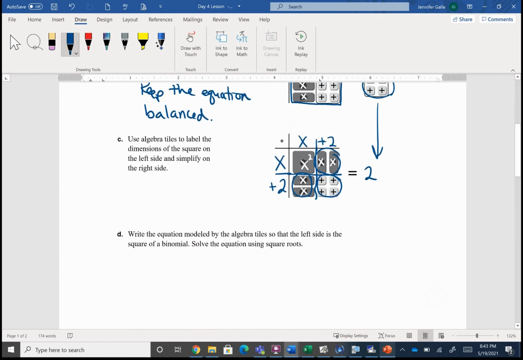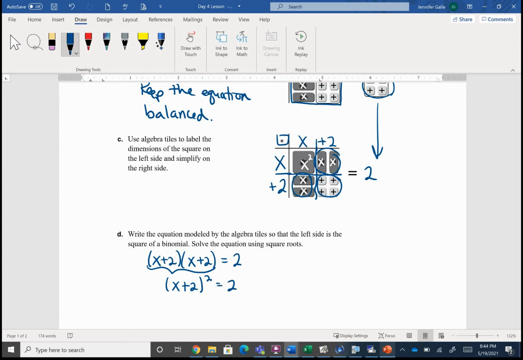So if we go to write the equation modeled by the algebra tiles, notice we have multiplication up in the top left. So we have x plus 2 times x plus 2, and that's going to equal positive 2. Now this side, since it's the same thing twice, we can write that as x plus 2 squared equals 2.